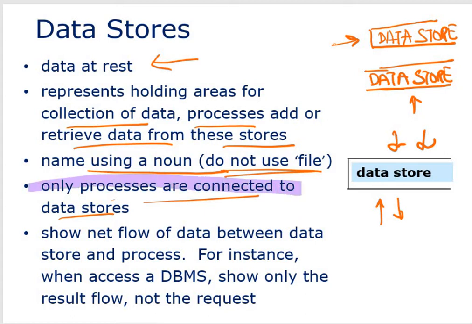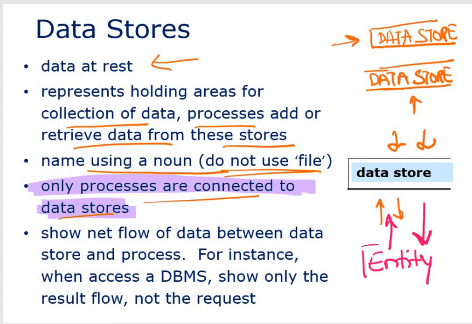Now this point is something which is very crucial. That means I need to connect the processes only. So I cannot have a situation where my entity is in direct touch with data store.